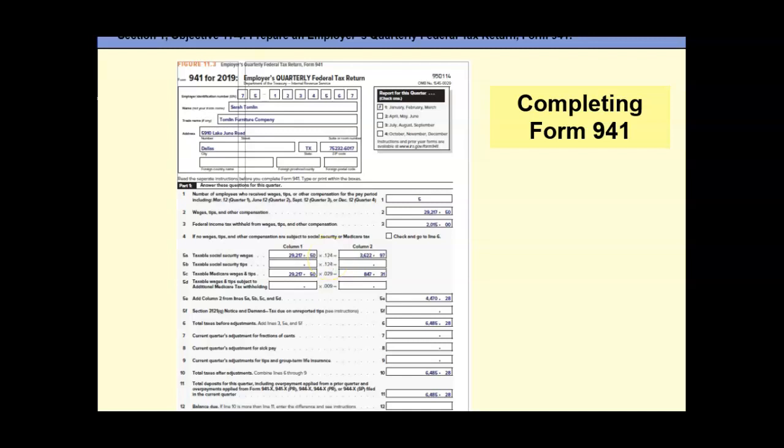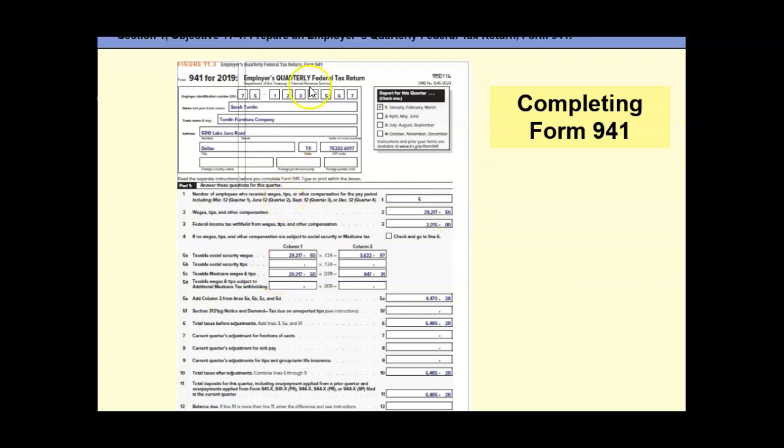So when you're paying the government Social Security tax, you are paying them the amount withheld from the employee's earnings as well as the matching by the employer. The same is true for the Medicare tax. You see the taxable wages times 0.029. Well, the Medicare tax rate is 1.45% for the employee, and is also 1.45% for the employer.